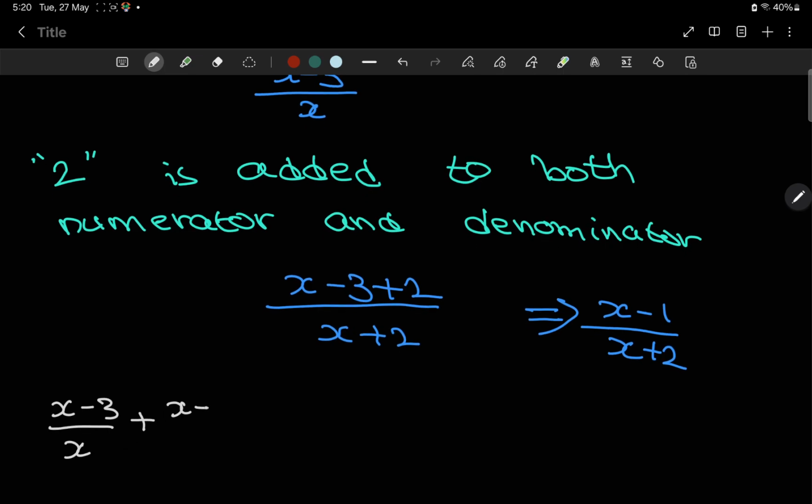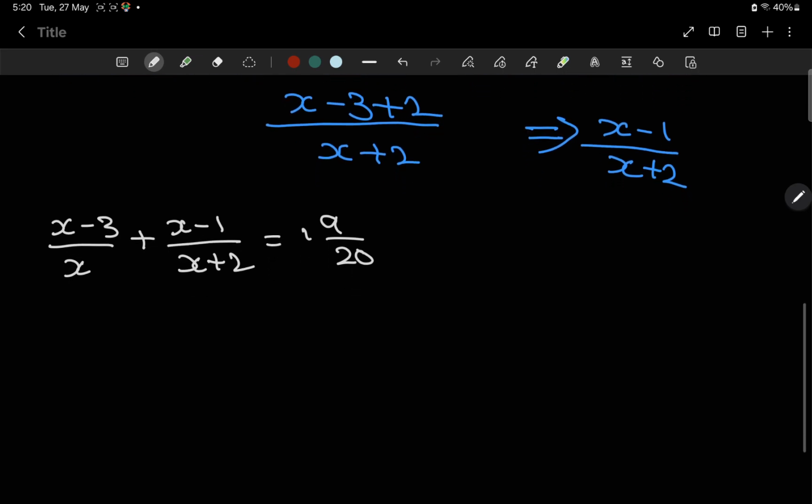So plus x minus 1 by x plus 2, the new fraction, is equal to 19/20. This 19/20 is a mixed fraction, so we should convert it into an improper fraction.